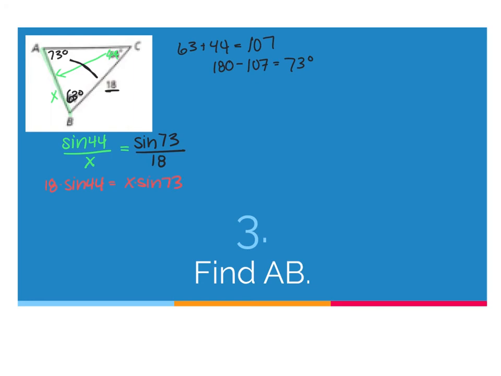In my calculator right now, I'm going to do 18 times sine of 44 and get my answer, which is 12.5 about. If I round to the nearest tenth, I'm going to leave that in my calculator, and then I'm going to divide both sides by sine of 73. So we're going to get X to equal about 13.1.